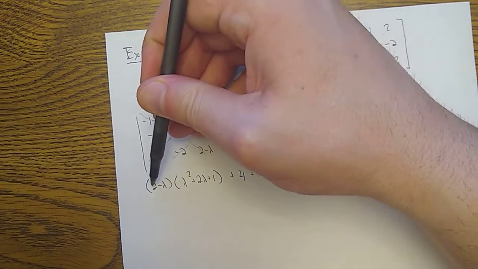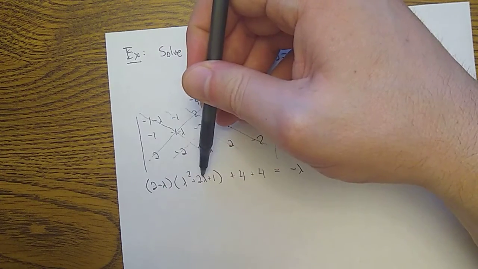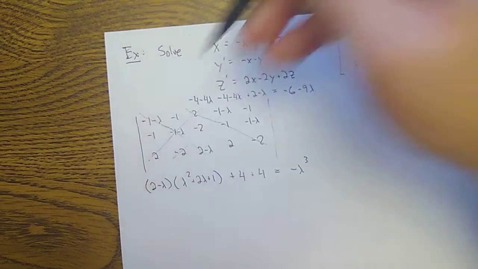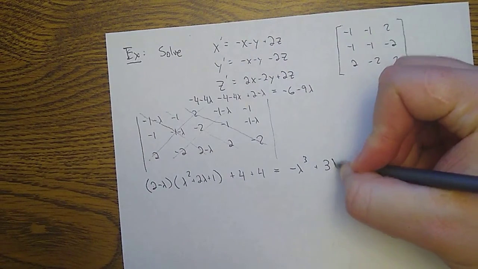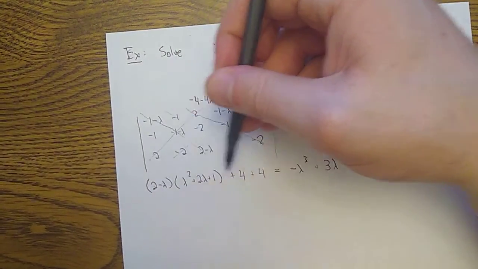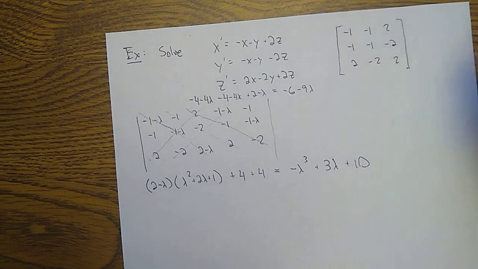Well, I would have a 4 lambda from this 2 times 2 lambda. I would also have a minus lambda from a 1 times minus lambda. So I would say 3 lambda. And then I would have a 2 because of 2 times 1. But then I would also have plus 8. So plus 10.